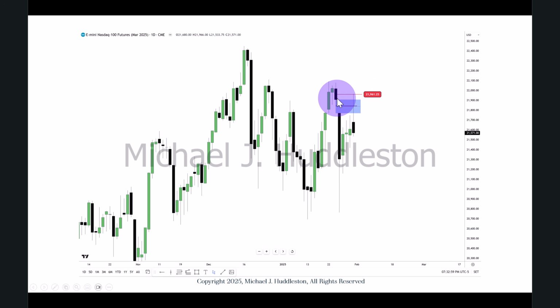Now we have a gap in here, and I'm going back to the body's close. The reason why is because there's a volume imbalance here that overlaps with this candlestick's open and high. So they're all the same price essentially here. And then this candlestick's close had a wick down into the low of this.